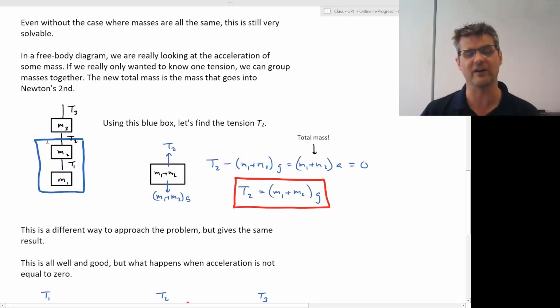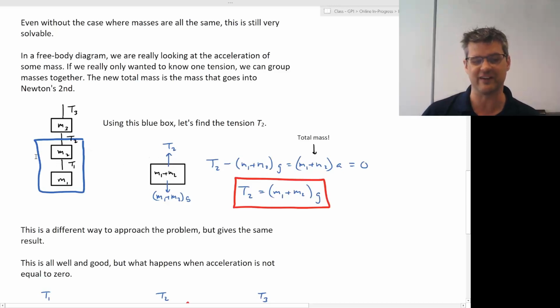Okay, so what kind of forces are being felt? Well, m1 and m2 together have some weight, m1 plus m2 quantity times g. This free body diagram has a string that's coming out of it, T2. So if I look at the free body diagram that's constructed here, it's the same masses, but now I see this simplified set. I see a force T2 up. I see a force quantity m1 plus m2, g down.